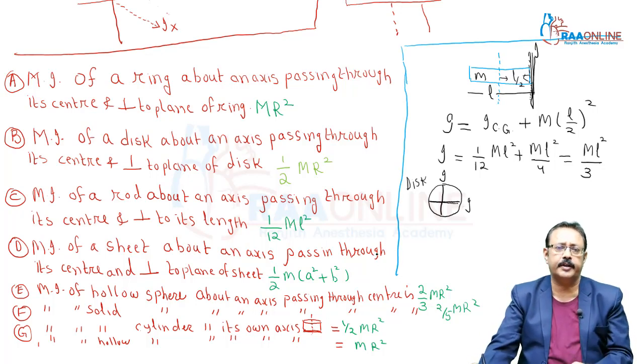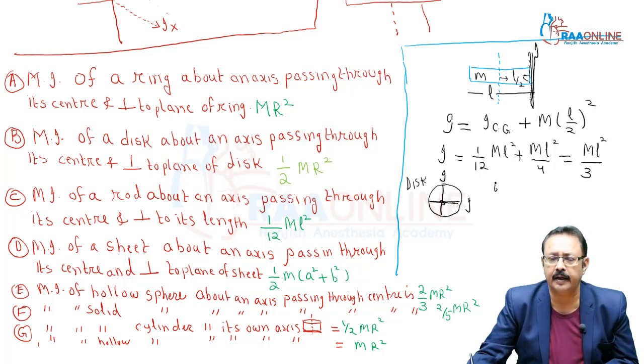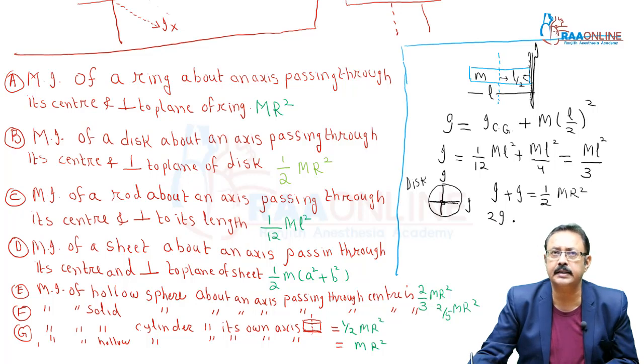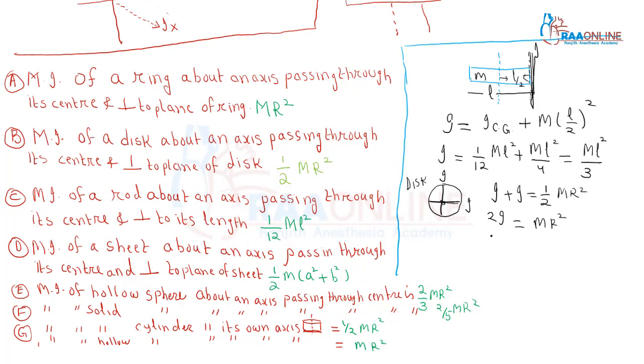And I know the moment of inertia passing through the center and perpendicular to the plane. So I can apply the theorem of perpendicular axis. This I plus I should be equal to that moment of inertia which I know, half m r squared. So in this way 2I is equal to m r squared by 2. So I got the value of I: half m r squared by 2, that is m r squared by 4.